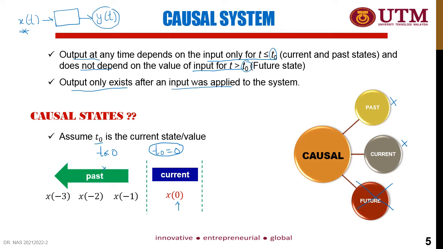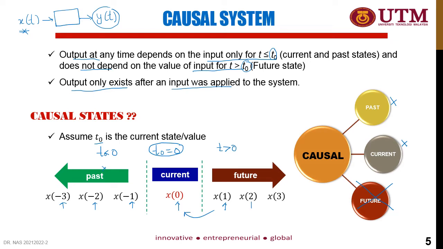Any values of t that are less than 0 represent the past state or the previous state. And when t is larger than the current state, in this case 0, you have the future state. So now t is larger than your t0, okay, so 2, 3, and so on.